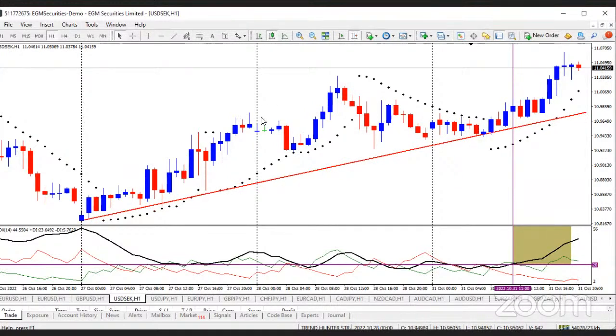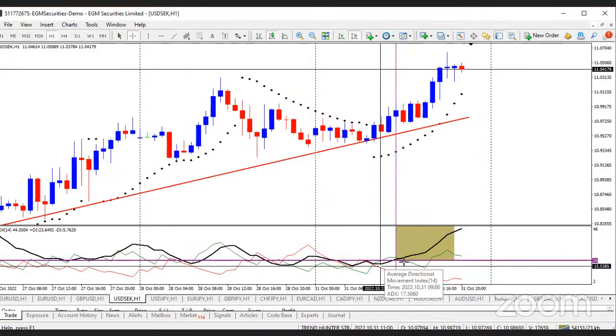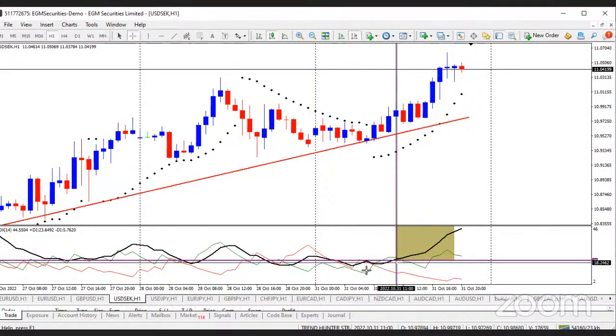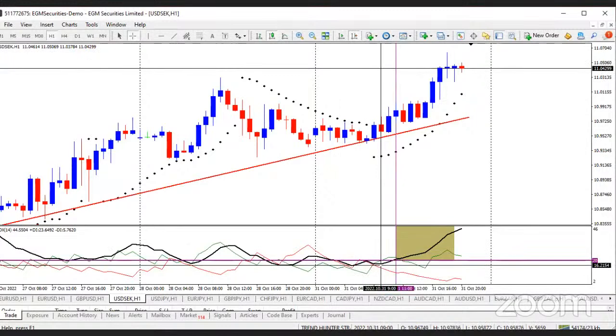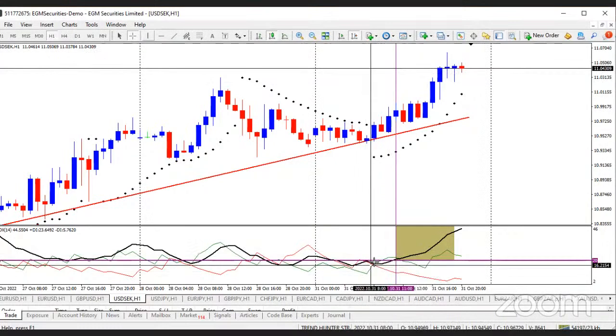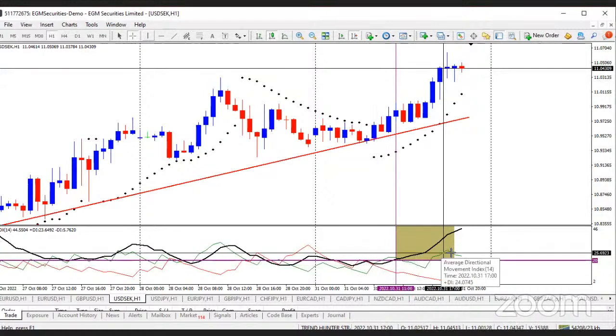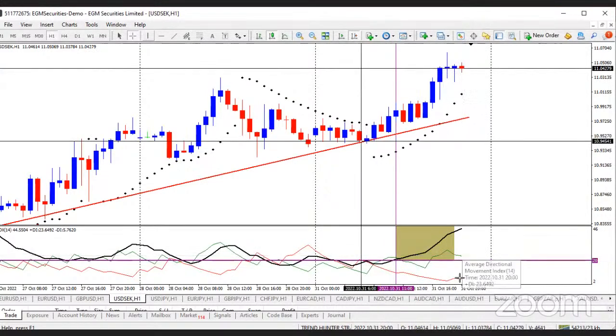Earlier today, we had momentum rising. This is the point where the momentum began to rise. You could have gotten that indication if you had ADX on your chart. And this was a bullish momentum. The fact that positive DMI had intersected above negative DMI at this point was an indication of a positive, or bullish, momentum.